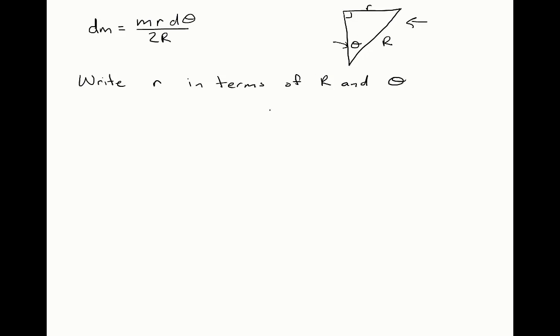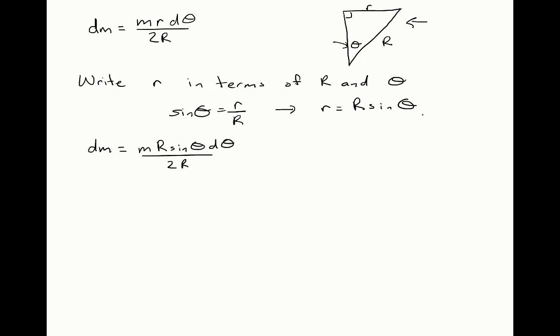Okay, how do you do that? Well, I know that the sine of theta equals little r over big R. So that means that little r equals big R times sine theta. Now I can reduce it so that little r is written in terms of R and theta, and dm will only be written in terms of theta. So you might be asking, why is it that we're getting rid of little r instead of getting rid of theta?